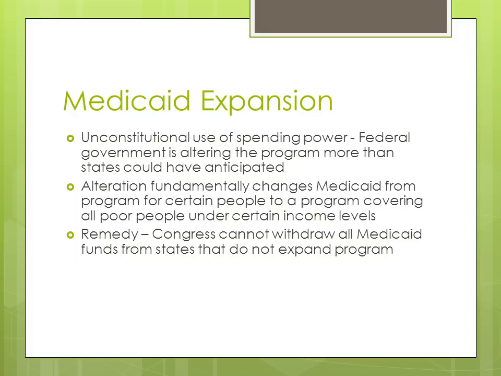And so this use of the spending power is actually unconstitutional. So what's the remedy? The remedy is that Congress will not be able to withdraw all Medicaid funds from states if they do not expand their programs. This basically allows states the option to expand Medicaid to include everyone with an income below 133% of the federal poverty level, or not.